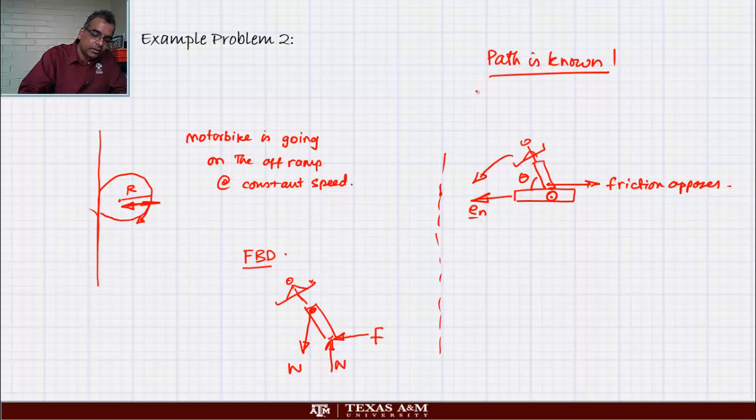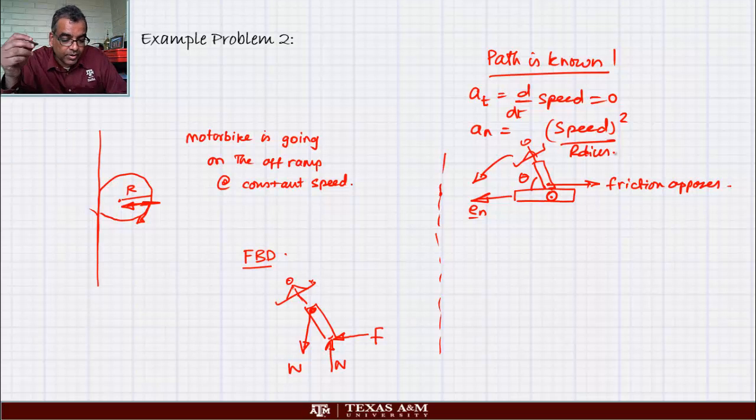So what is the tangential acceleration? It is d/dt of speed, that is 0. Normal acceleration is speed squared over radius of turn. That's going to be there.